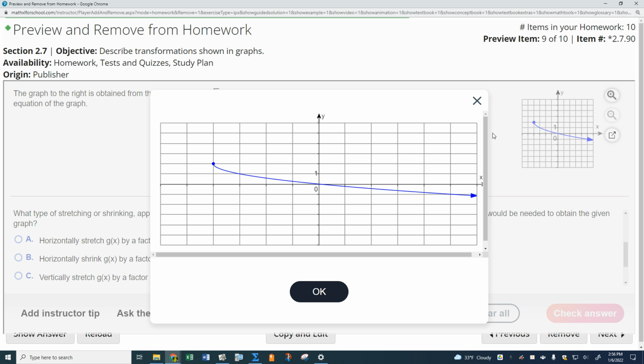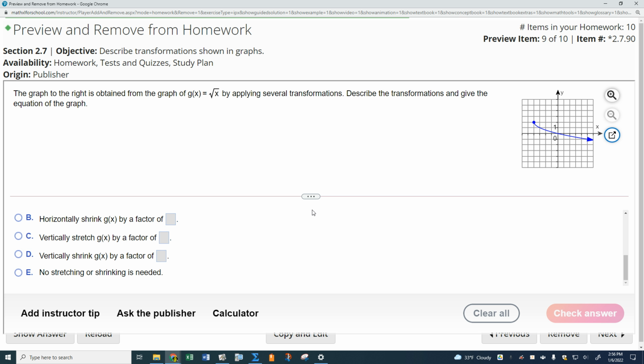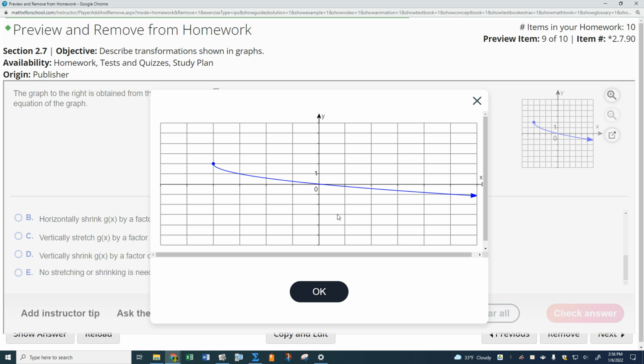So what is the stretch on this thing? Nothing. Everybody agree? We're still going over 1, and the height is only increasing by 1. It's going in the wrong direction, but it hasn't been stretched at all. It's still the same shape as it was before. It's just been reflected.